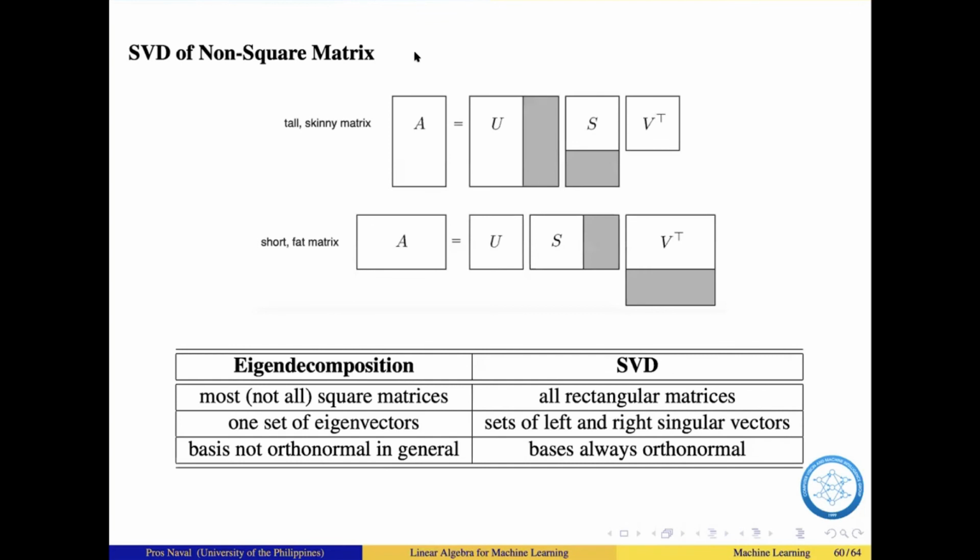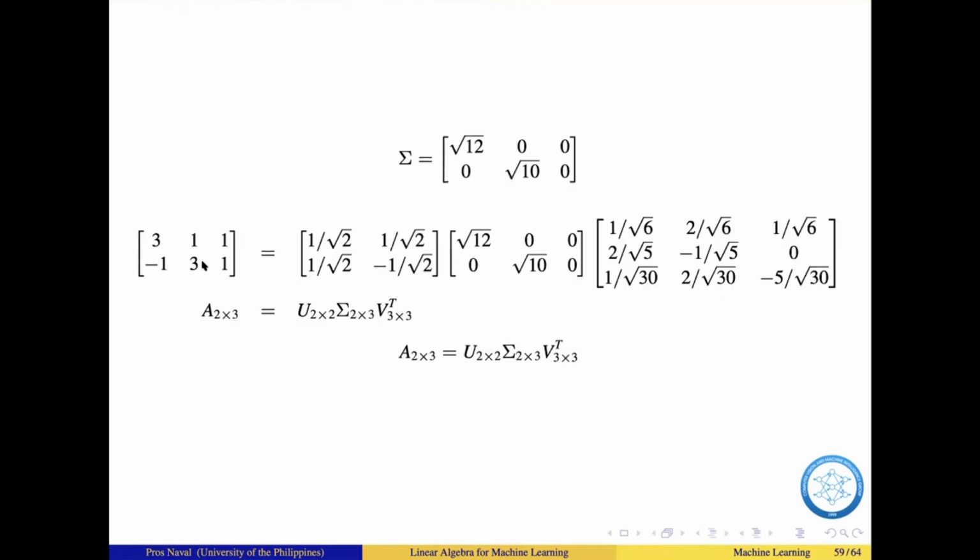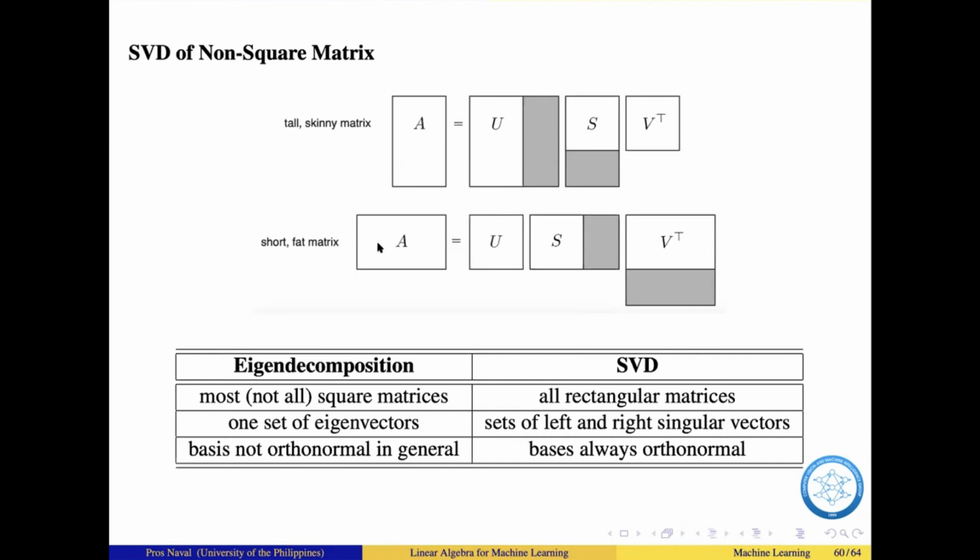Okay, so the SVD of a non-square matrix. So what we had earlier was what? A short and fat matrix. We have a 2 by 3 matrix. Okay, so this is a 2 by 3 matrix, and therefore we have a short or fat matrix. If you have a short or fat matrix, the decomposition will be the following.